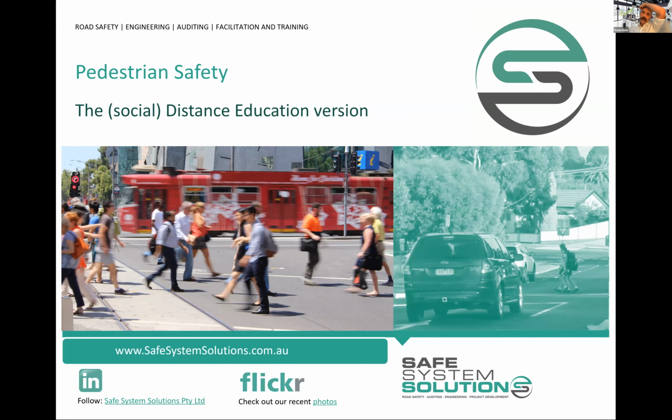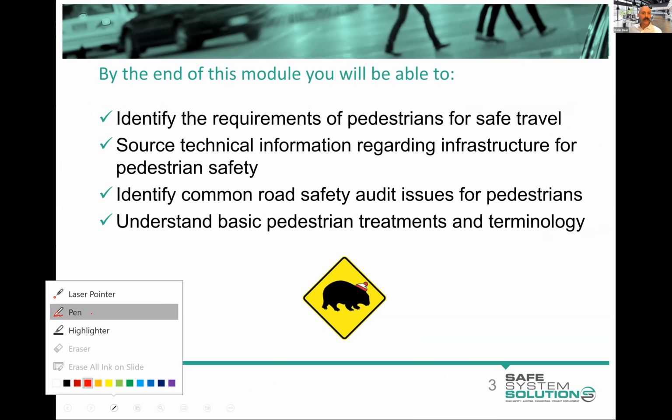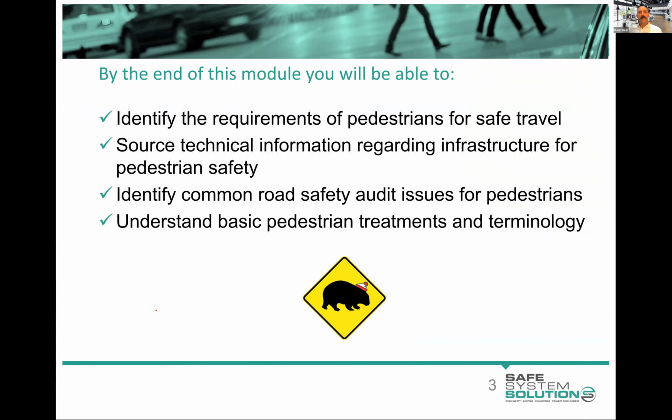Okay, so let's have a chat about pedestrians, and in this part of this module, we want to have a look at some of the requirements of pedestrians for safe travel. We'll point you at some technical information regarding pedestrian safety infrastructure. We're going to have a look at common issues for pedestrians.